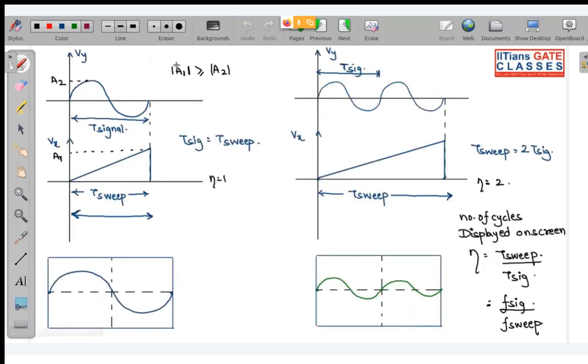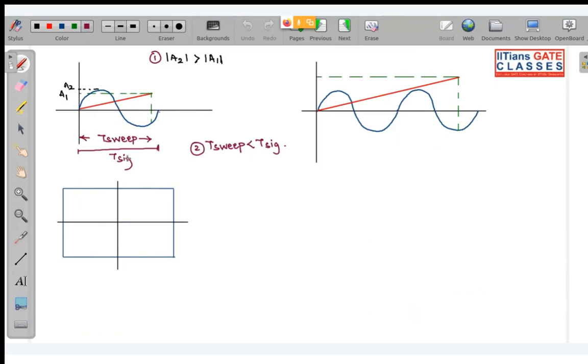Up till the previous case I assumed that the time period of signal is a multiple of the time period of sweep, so we can exactly replicate the cycles of the signal. But here the time period of sweep is less than that of the signal, and the maximum amplitude of the signal is greater than the maximum amplitude of your sweep signal. So how will your signal look on the screen?